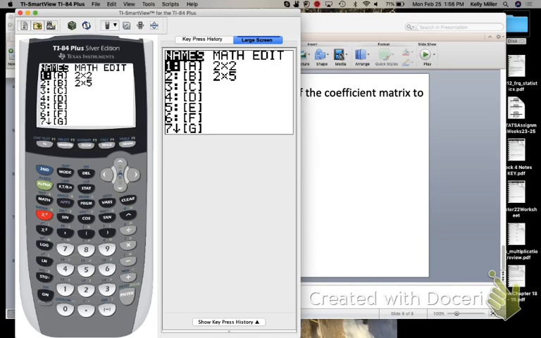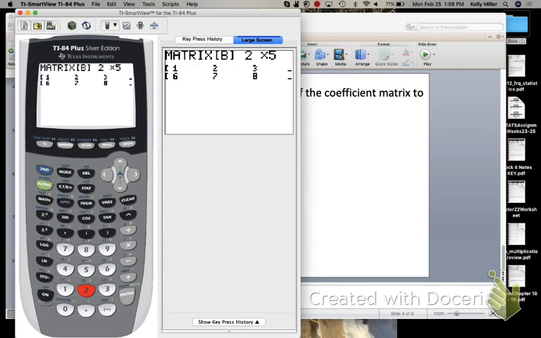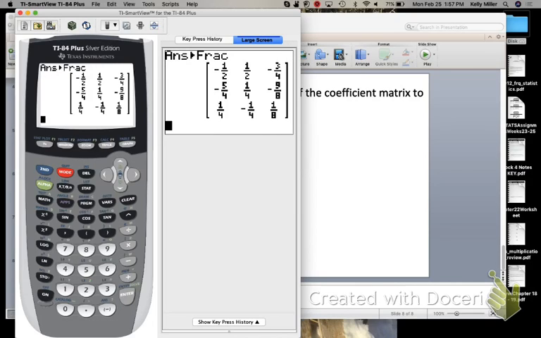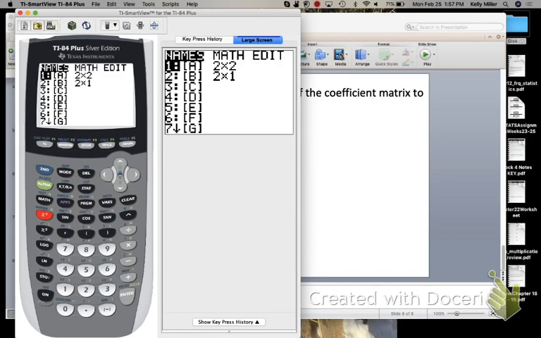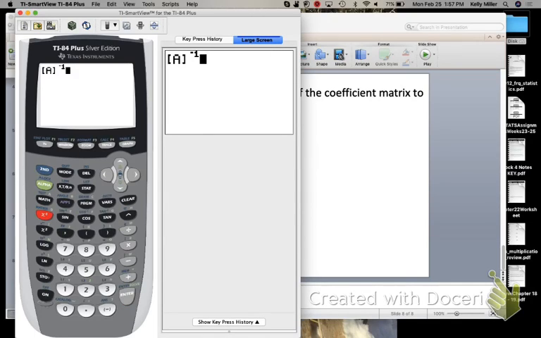So now we are creating a B matrix. So go over and edit your B, which is a 2 by 1 of 1 and then 20. And hit second mode to quit out of that and clear my screen. So once you have your A and your B in there, if I hit second matrix A and then hit my inverse button, which is up there highlighted in red right now, and then multiply it by matrix B, I get 5, 3.